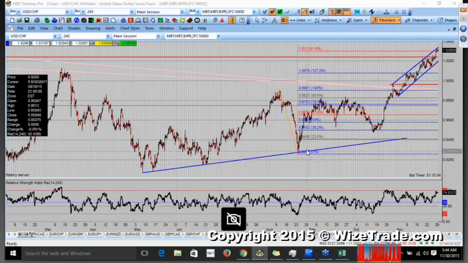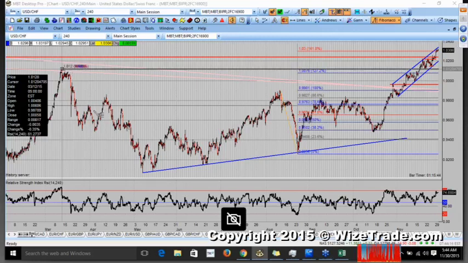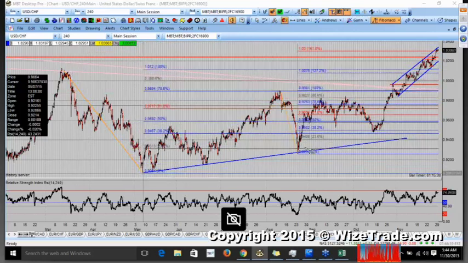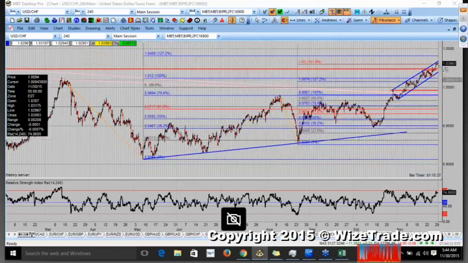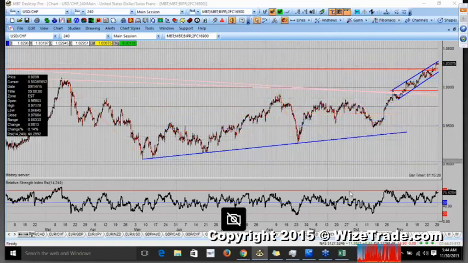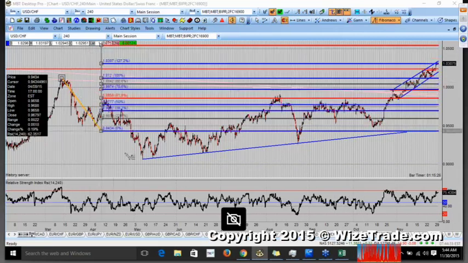We're at the 161% extension right now at 1.03. I don't know if that's going to contain us. Take this high from back in March to the lows in May: the 127% extension comes in at 1.04. To me this is one of those runaway freight trains. I'm going to keep this one up here. I think this one's going to be more relevant.